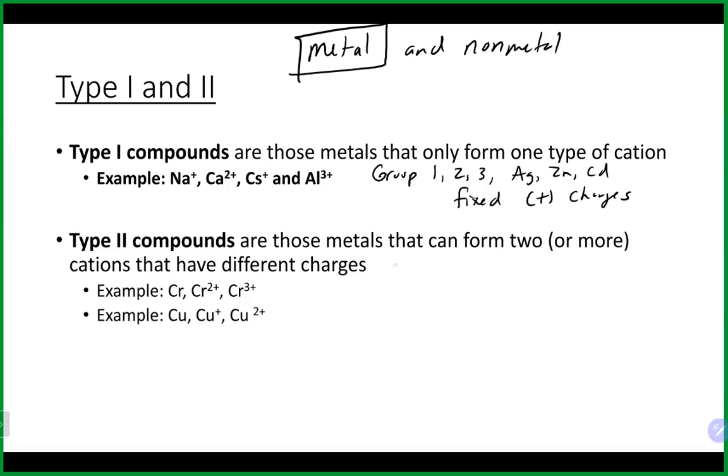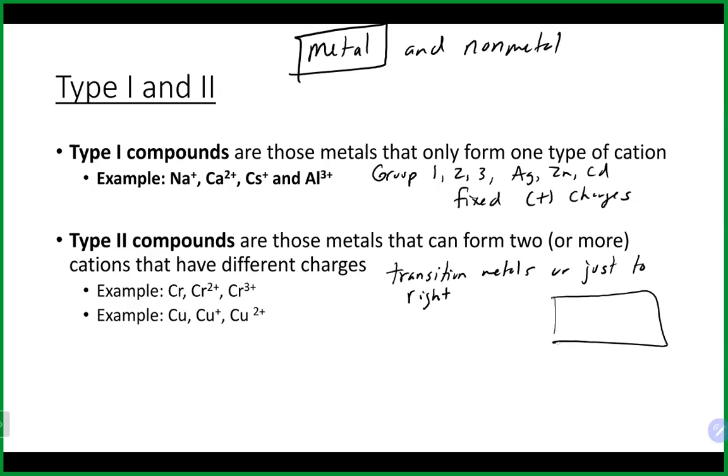And those are typically going to be our metals that come from the transition metals, just to the right, underneath that staircase. So again, it's going to be our transition metals and some of those metals down here underneath the staircase will fall into these type 2. So as I mentioned before, something like chromium could be +2 or +3, which is a transition metal. And something like copper can be +1 or +2 in this particular case.